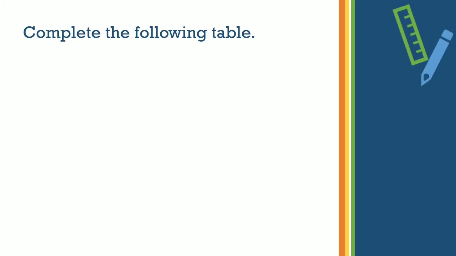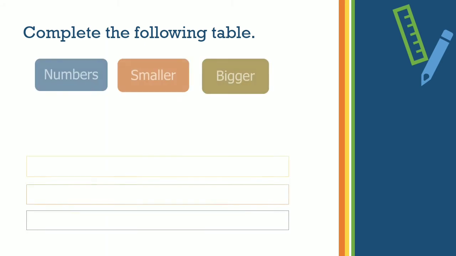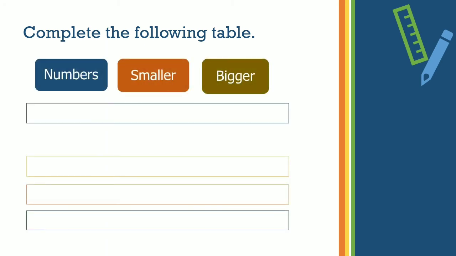Question number 2. Complete the following table. Here in the 3 columns there are numbers, smaller and bigger. So we have to put the smaller number in the smaller column and the bigger number in the bigger column. Here two numbers are 2123 and 1968.